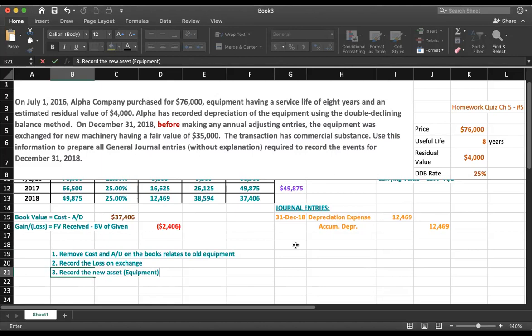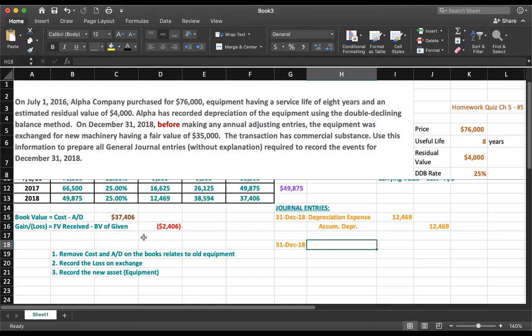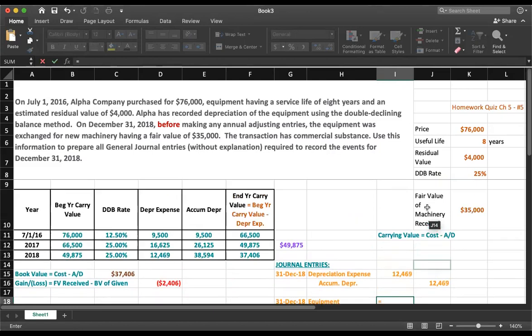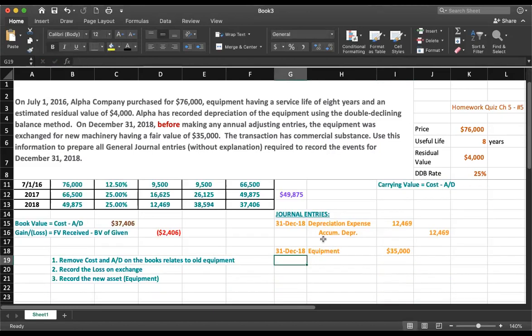So to do that, 31st of December 2018. The new equipment, so we debit equipment, and that's going to be for its fair value of $35,000. So I'm going to take this from right over here, $35,000.